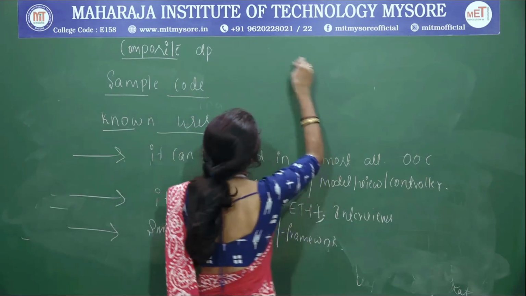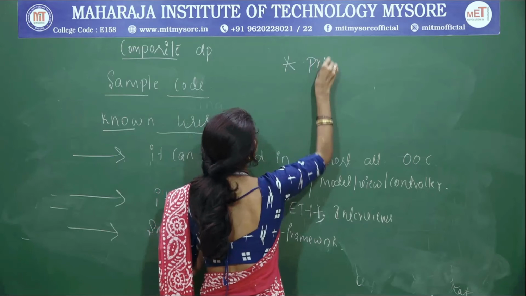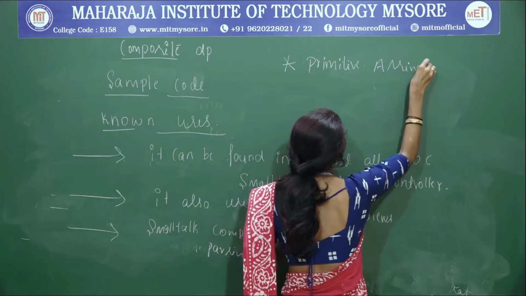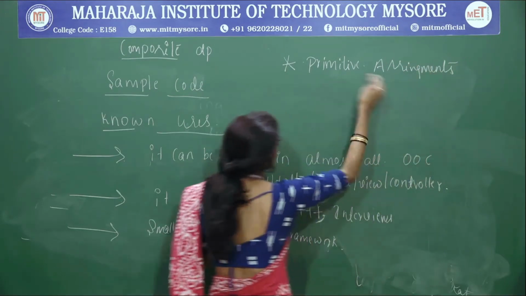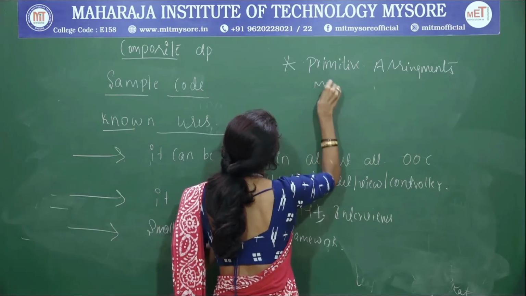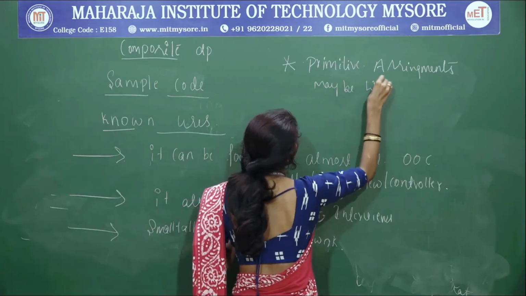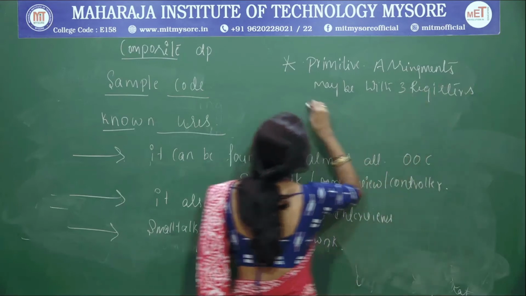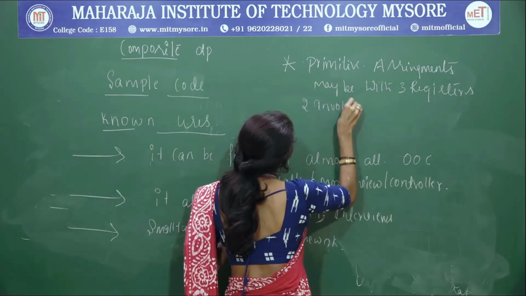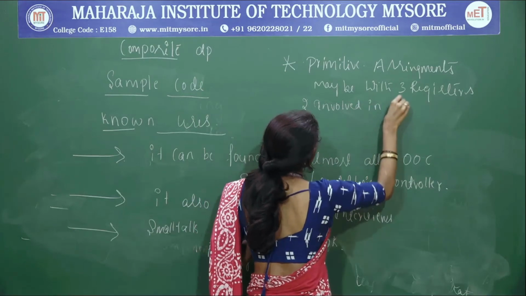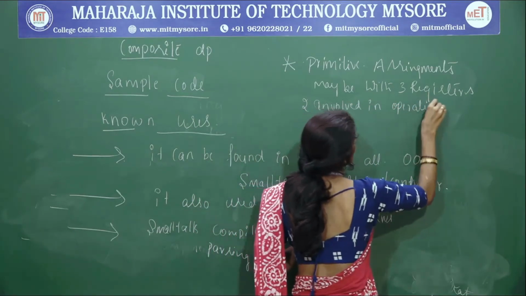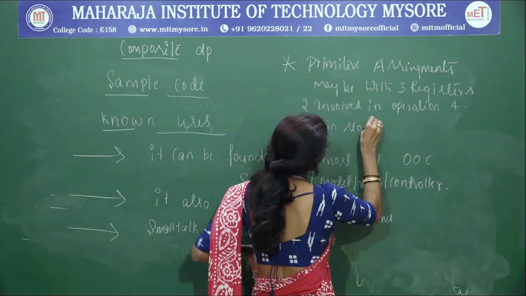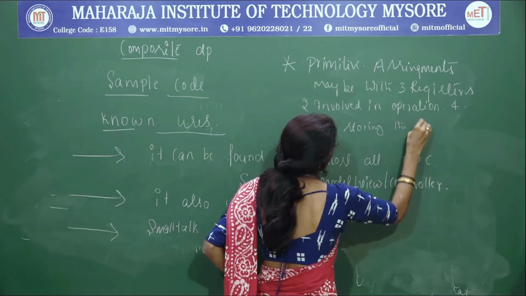I'll write here: primitive assignments with three registers, two involved in operation and one in storing the result.